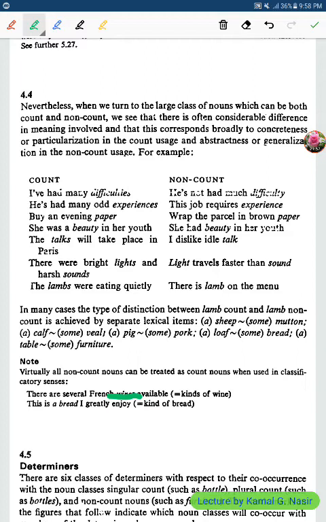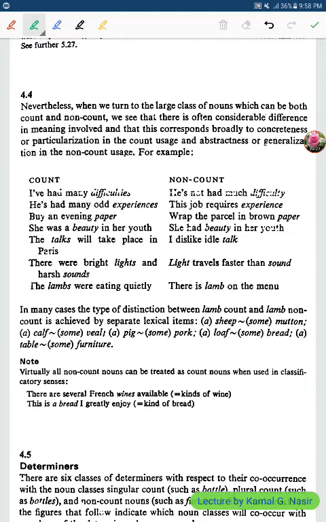Wine is like water, cannot be pluralized. Why does it take S here? Because you classified them into French wine, British wine, German wine. Then you classify them into kinds of wine. Several kinds of wine.